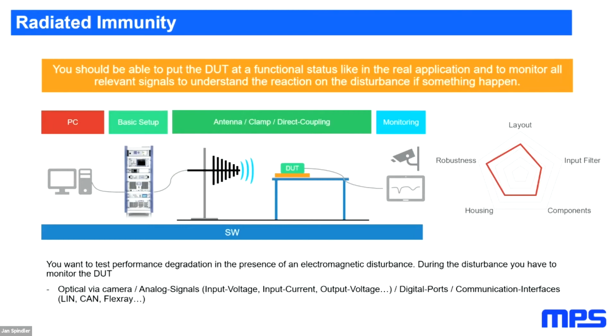This is also a quite good method to get an overview of the robustness of your DUT. But additionally, not only the amplifiers are the big problem, it's also all the monitoring, depending on your application. And this is also something you need to take care about.